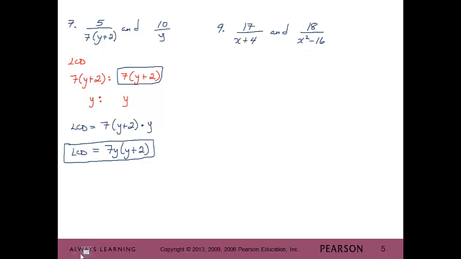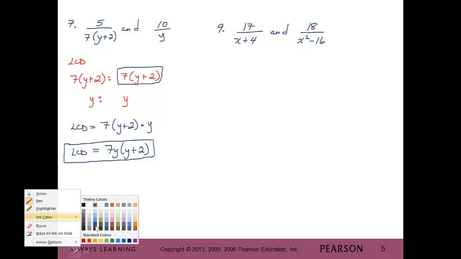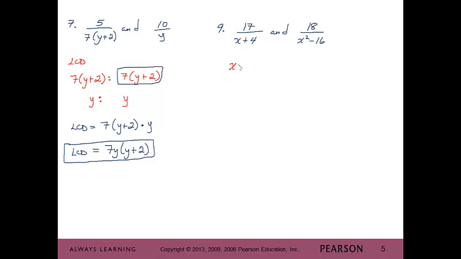So let's factor each denominator. So x plus 4 is already factored. It is just x plus 4. And then x squared minus 16. This is a difference of 2 squares. So this factors into x plus 4 times x minus 4.